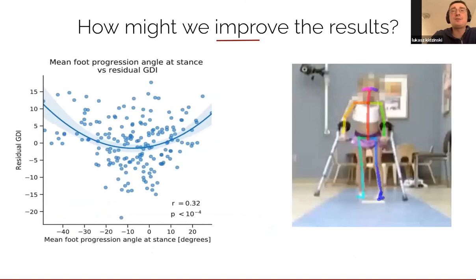Now, there are ways to improve our network. So throughout this work, we've been working with the sagittal plane, so the side view, but it's clear for practitioners here that there is some signal in the frontal plane too. The question that we had was if there is some information in the frontal plane, such as the mean foot progression angle, that could improve our predictive models.